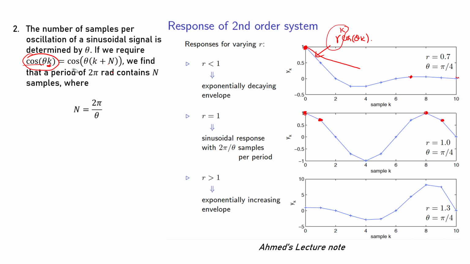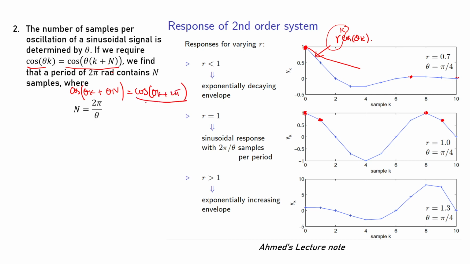So to have this equality, you need to have cosine of theta k plus theta n to be like what? Cosine of theta k plus 2 pi.